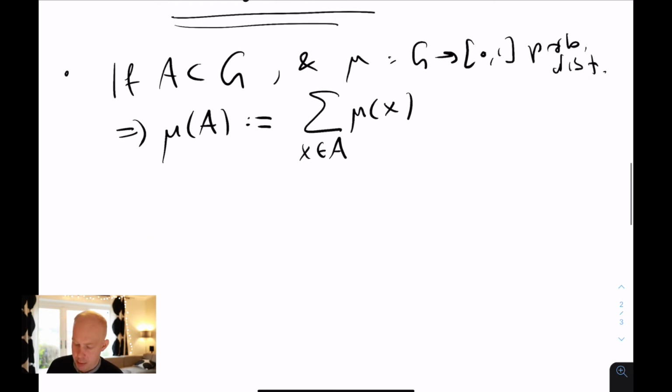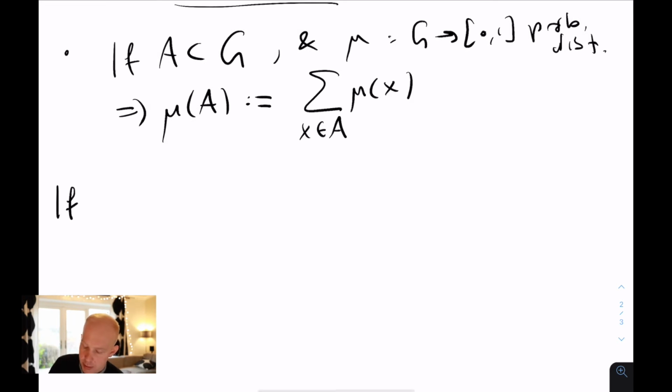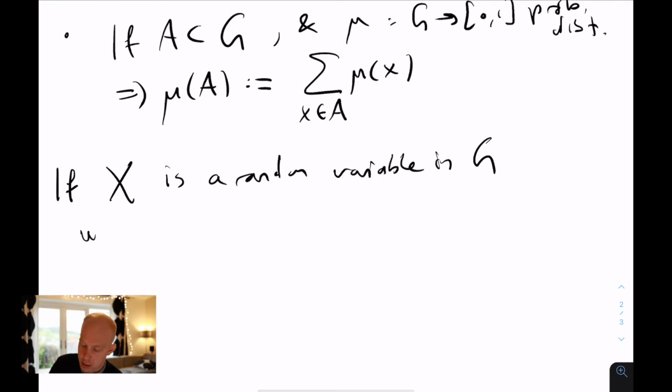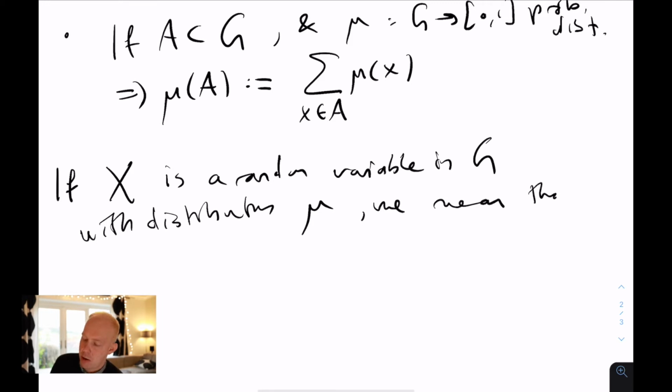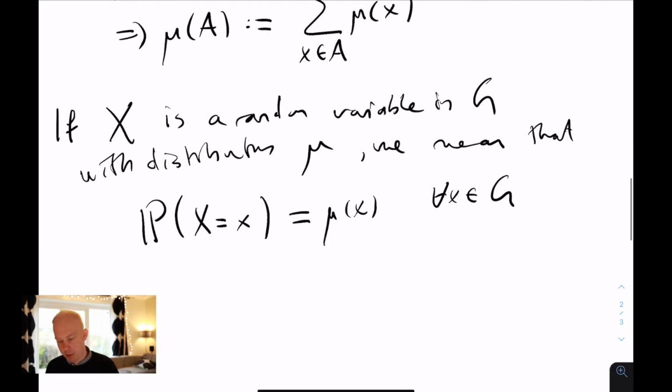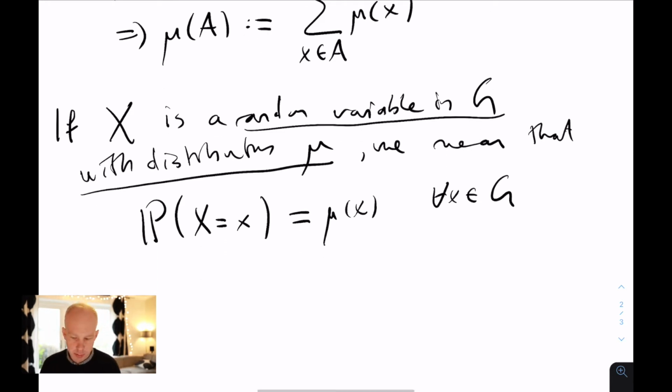This allows us to define that if big X is a random variable in G with distribution mu, we mean that the probability of the random variable getting a value x is equal to mu(x) for every x in G. That's what we mean by a random variable with distribution mu.